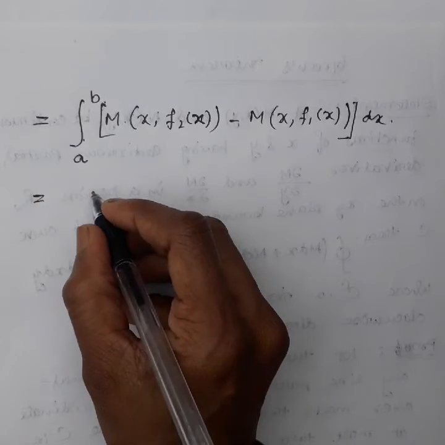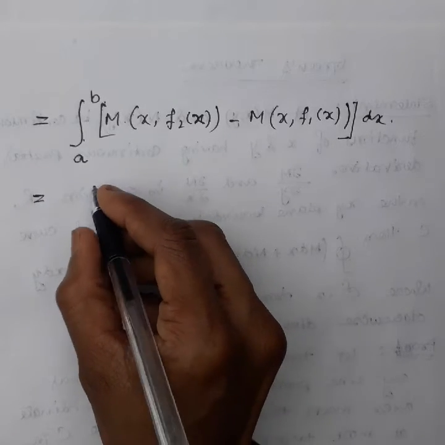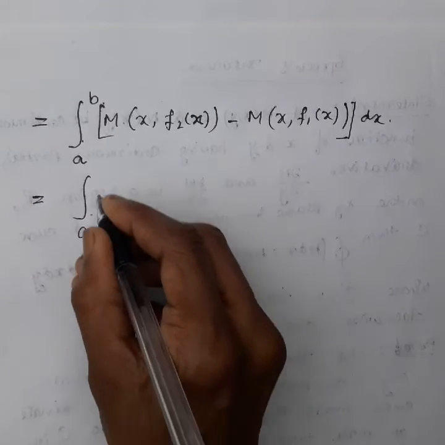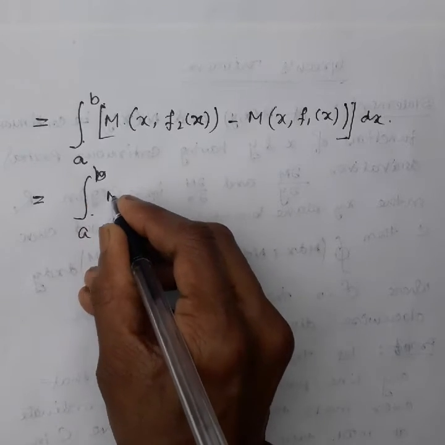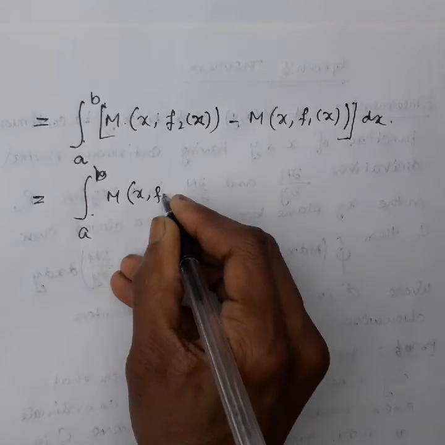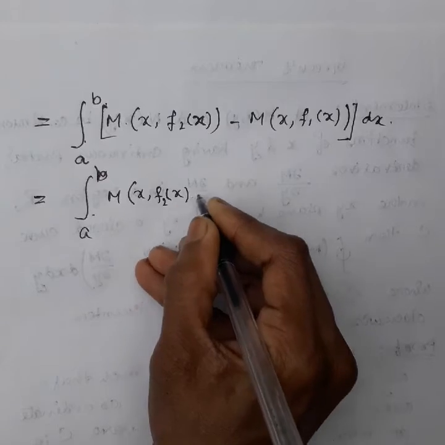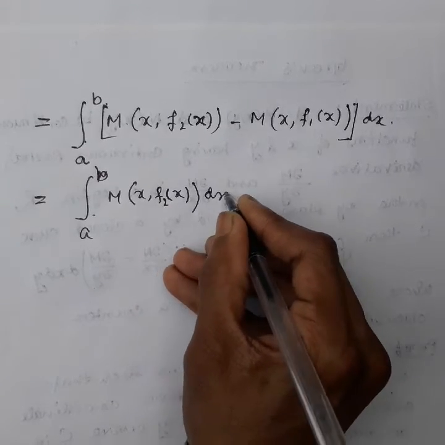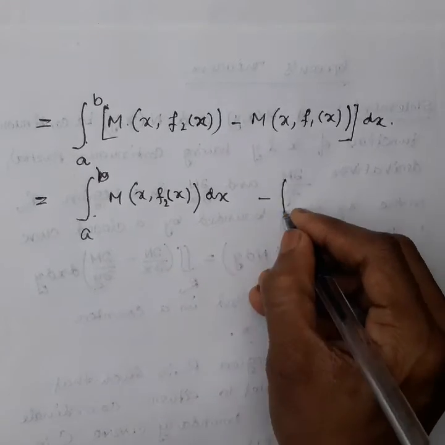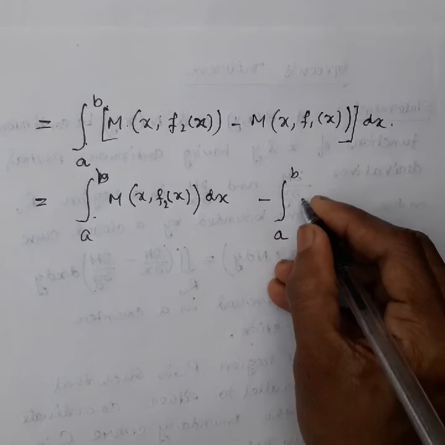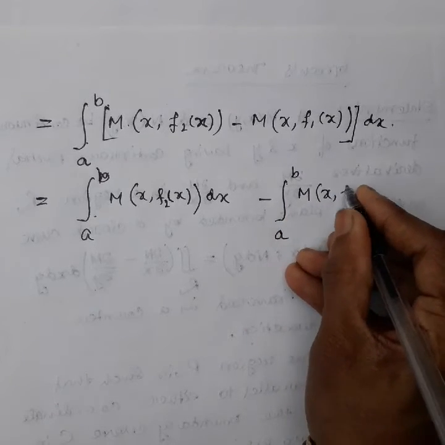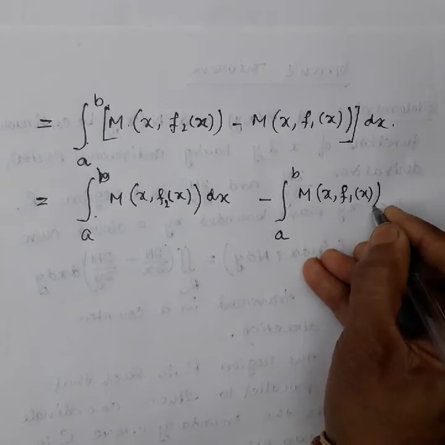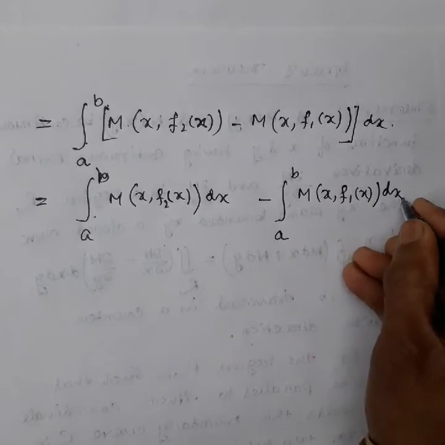that is equal to the integration from a to b of M(x, f2(x)) dx minus the integration from a to b of M(x, f1(x)) dx.